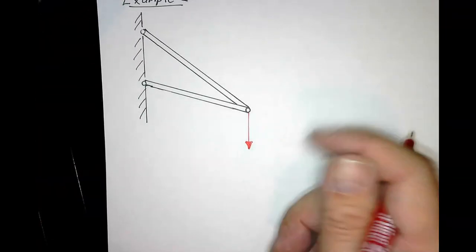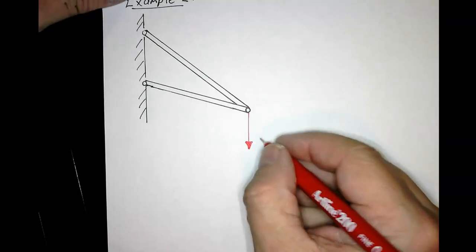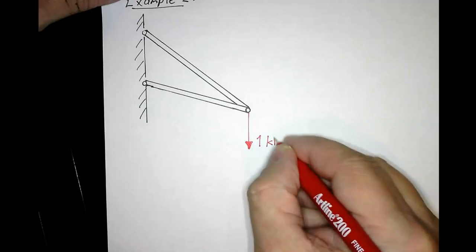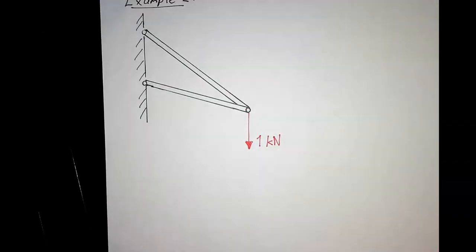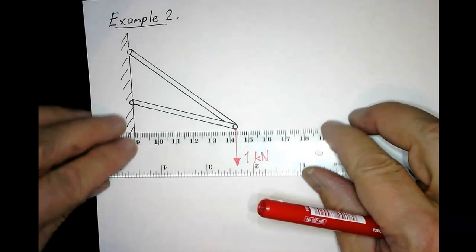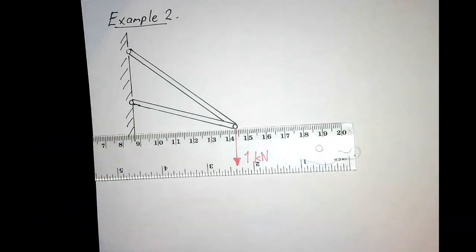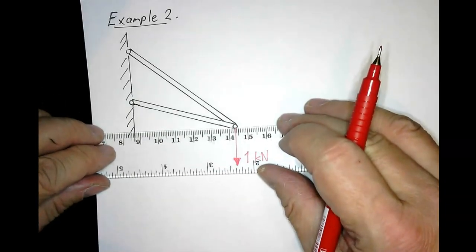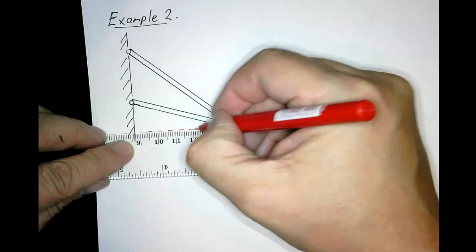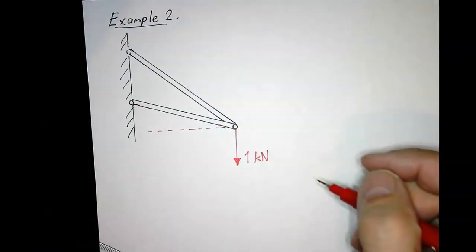Let's take a simple value for this. Let's say this is 1 kilonewton. And the angles here, I draw the horizontal plane here.